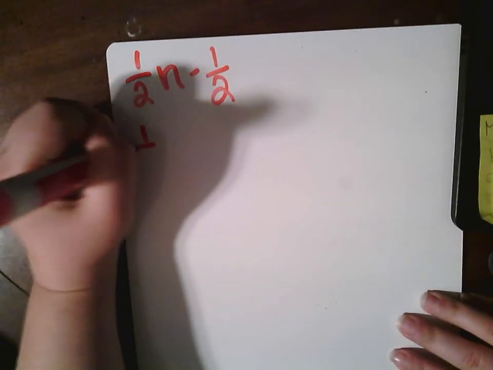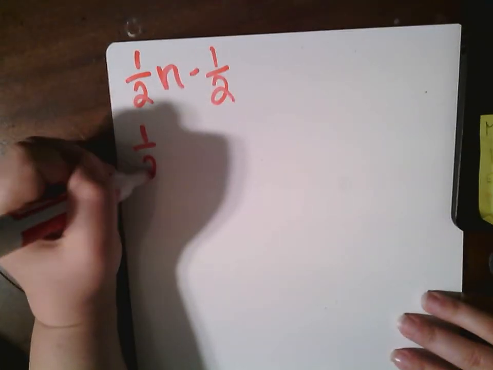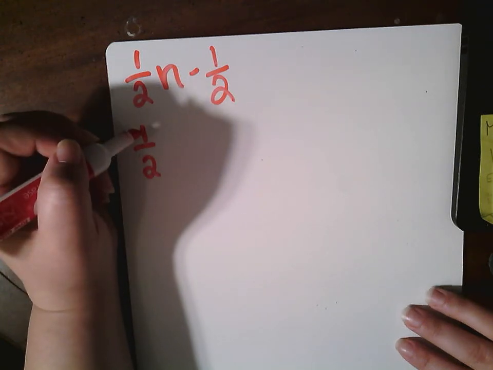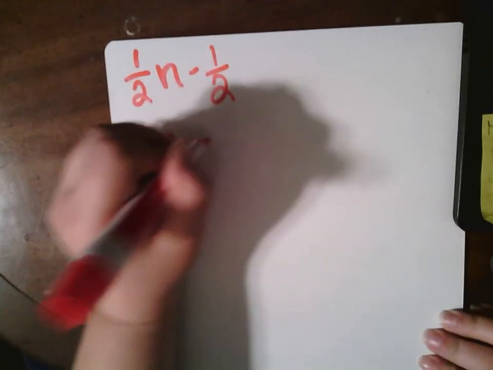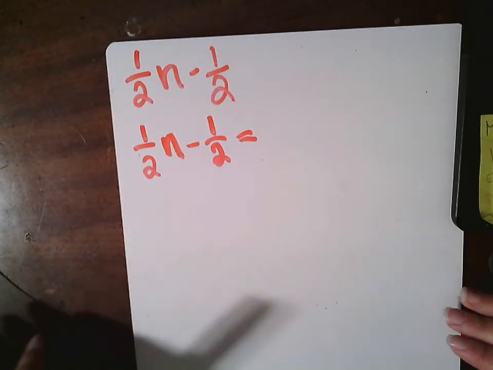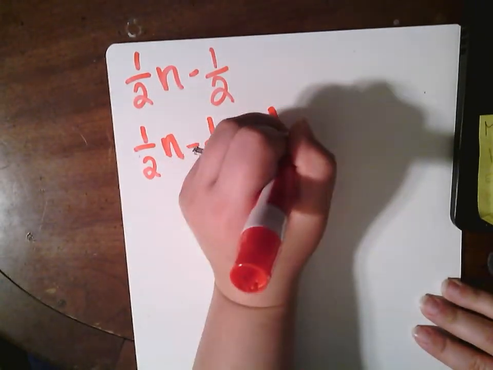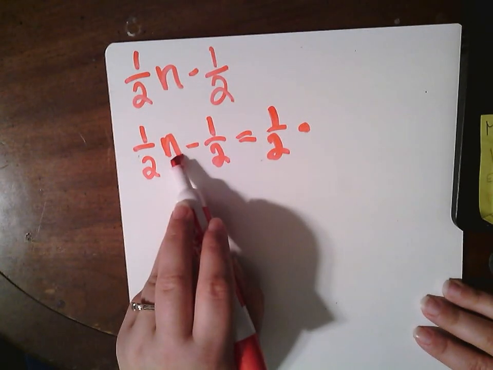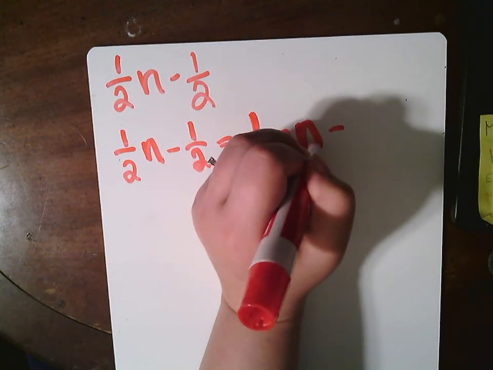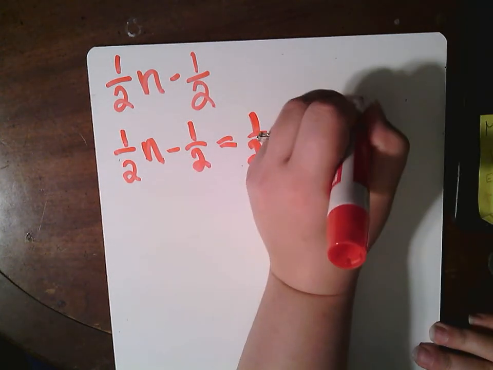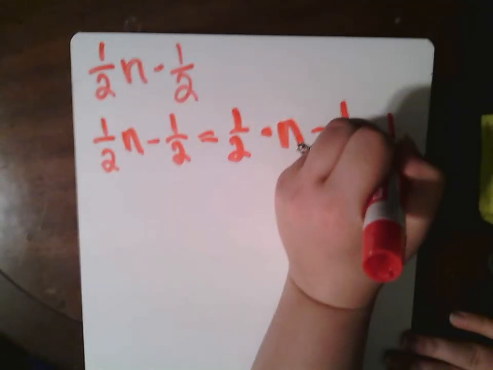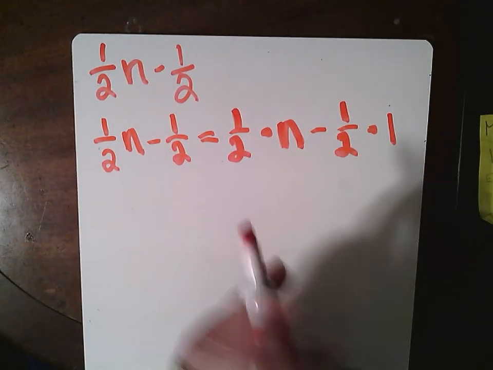So we're going to say 1/2 n minus 1/2 is equal to, and this is where we pull out that 1/2. So we have 1/2 times n. We're subtracting, so we'll subtract, and we're subtracting 1/2. And what do we multiply 1/2 by to get 1/2? Well, by 1, because 1 times anything is anything.